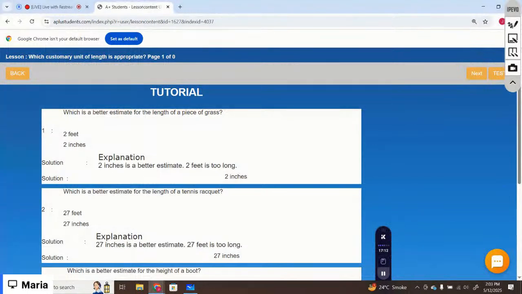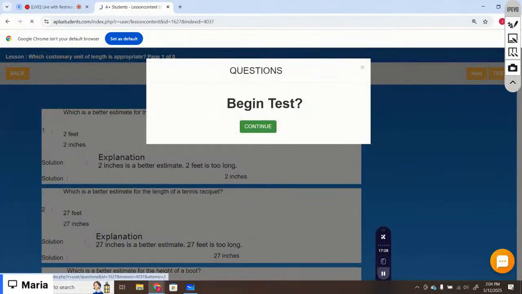The grass is just 2 inches because 2 feet is too long. Let's just start with the test questions.